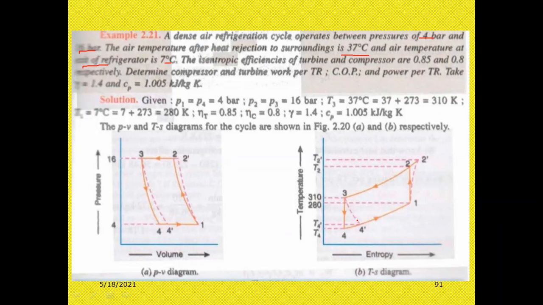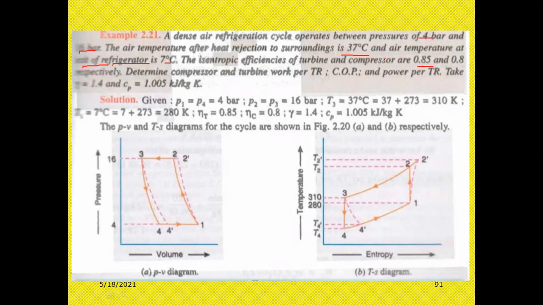See here. So T4, T1 is equal to how much? T1 is equal to 280. So here, the air temperature at the exit of the refrigerator gives T1. The isentropic efficiencies of turbine and compressor are 0.85 and 0.8 respectively.